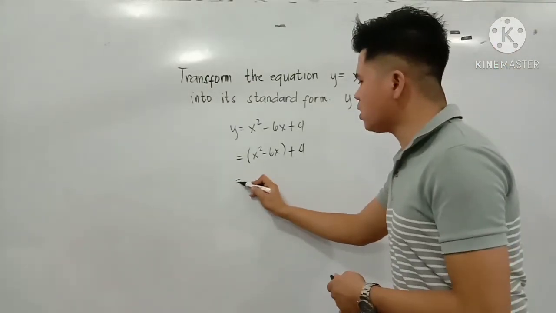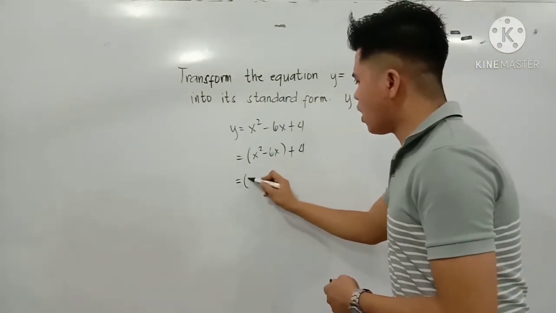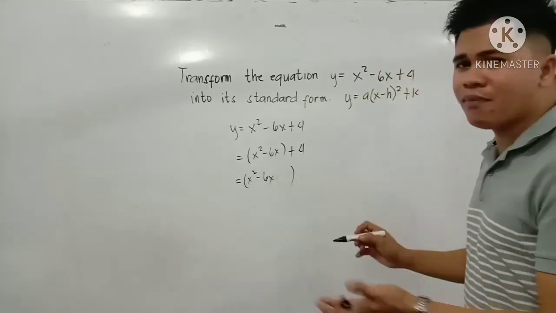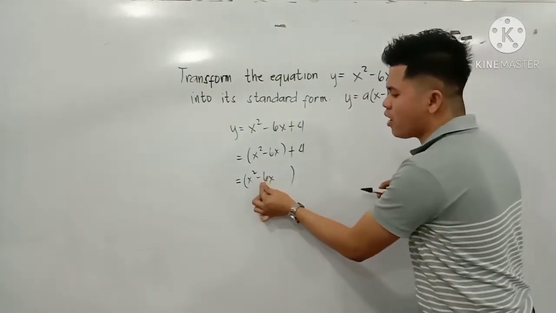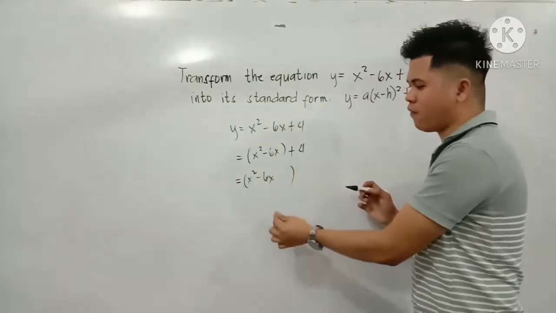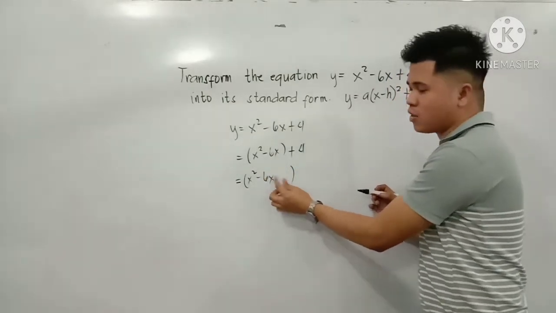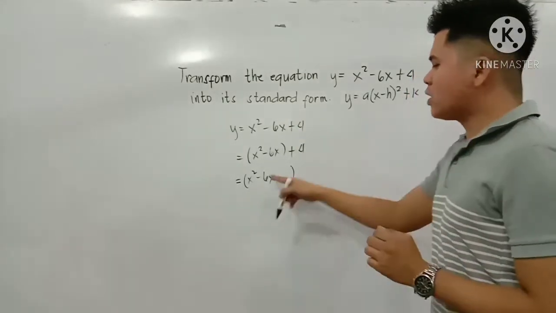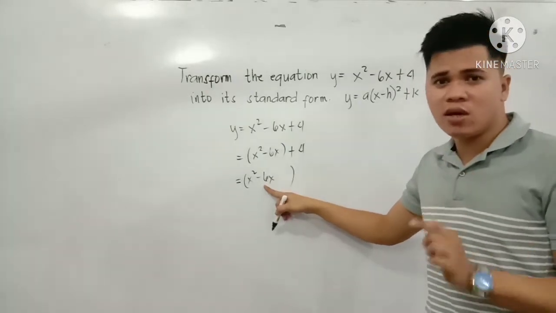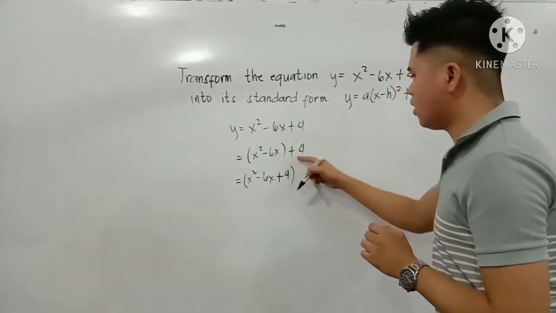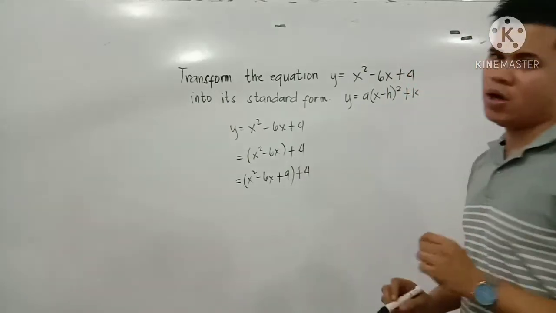So simply copy x squared minus 6x. Then we have to get the square of half of this 6, in order to have a constant and make it a perfect square trinomial. So half of 6 is 3. Then the square of 3 is simply positive 9. Then just copy the constant 4.